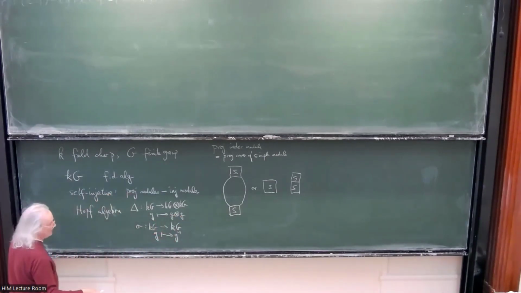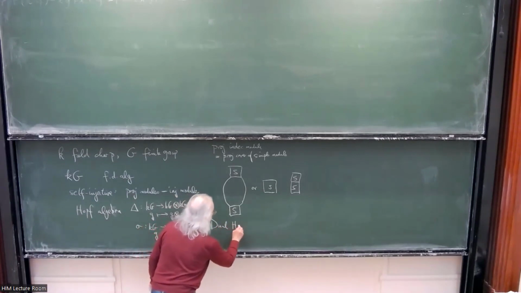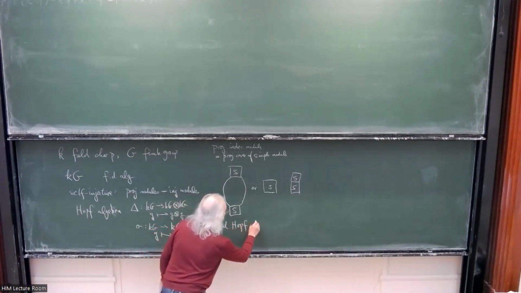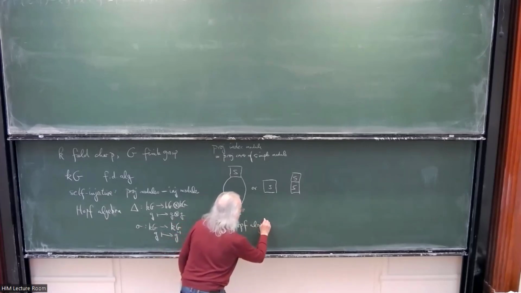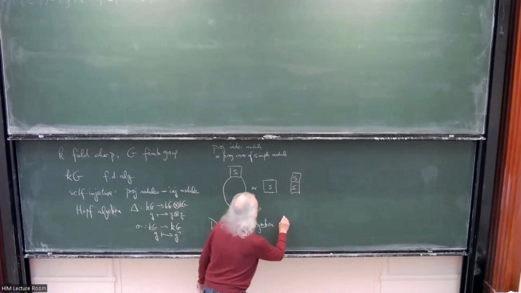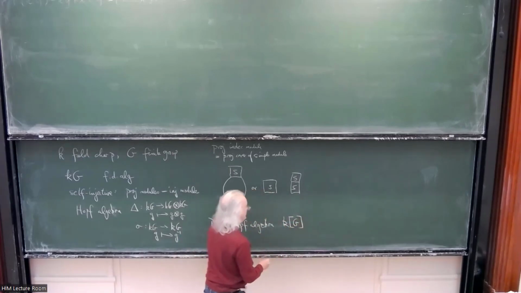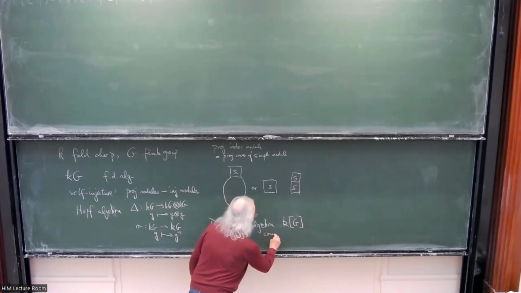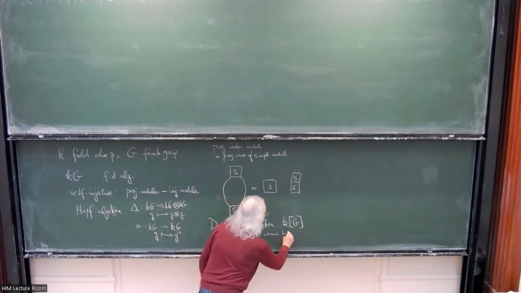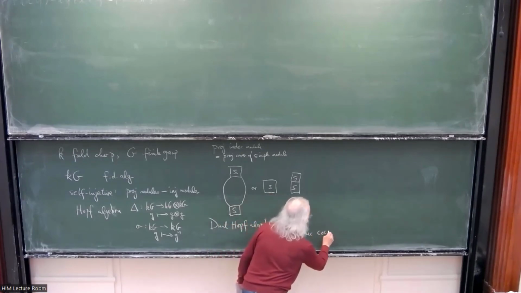So the dual Hopf algebra is called the coordinate ring. It is written like this. That's commutative, but not necessarily co-commutative.